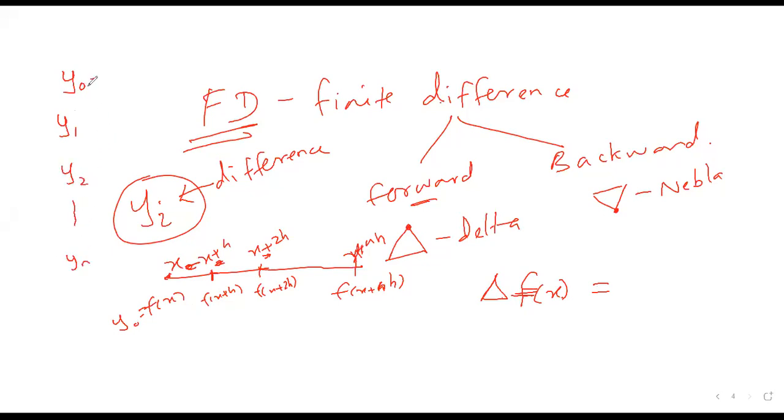So this is my f of x, let's say. This will be f of x plus h. So what is the forward? Forward means it is forwarding, from the initial to the end. So what is the difference between these two? How can you find whether you take from here to here or here to here? How do you take the differences?